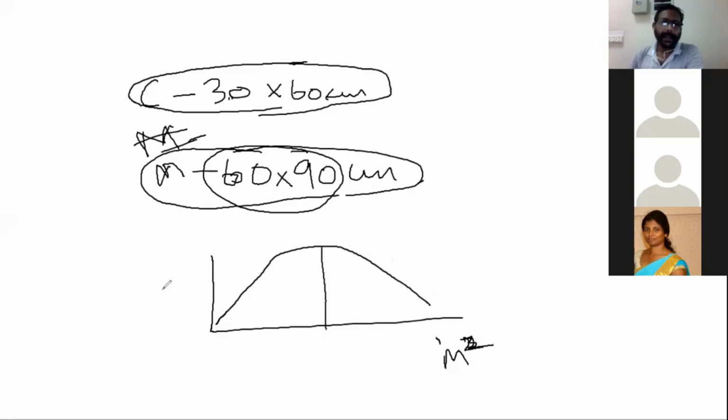So this is the yield. If you obtain the maximum yield, this is called as optimum spacing. We'll have to write down. Optimum spacing. So this is maximum yield. You obtain the maximum yield.